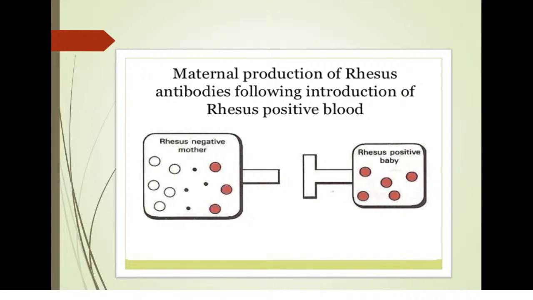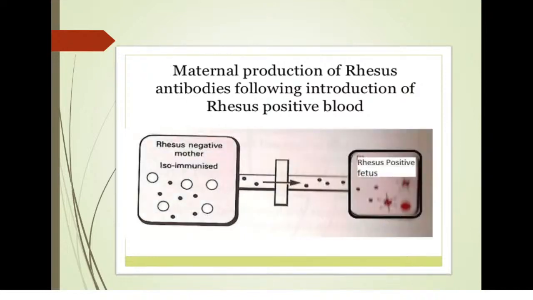Initially, a rise in immunoglobulin M antibody occurs, which is later replaced by immunoglobulin G antibody. The latter readily crosses the placenta to cause hemolytic manifestation.